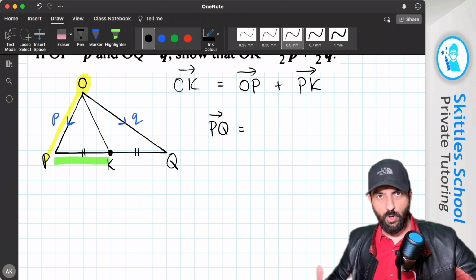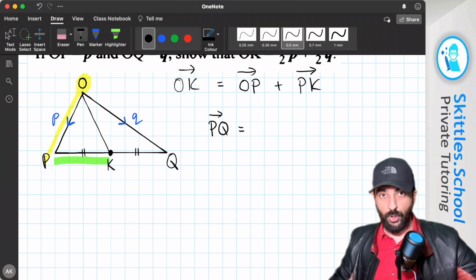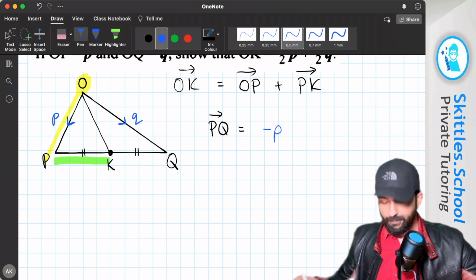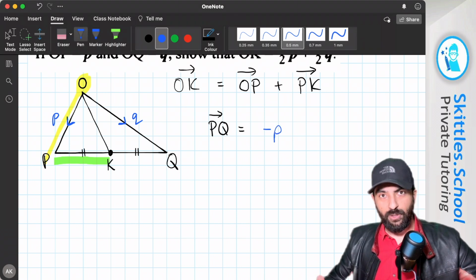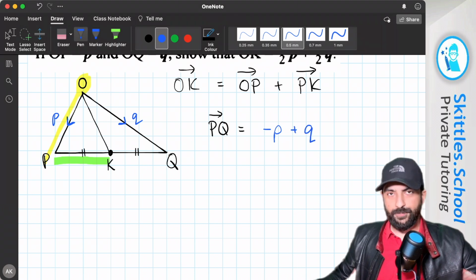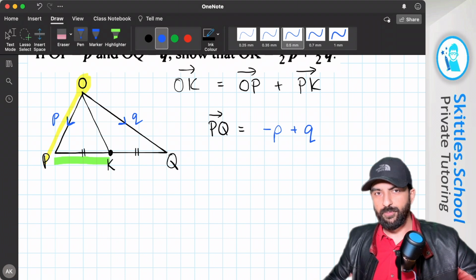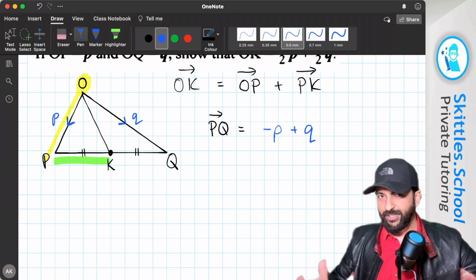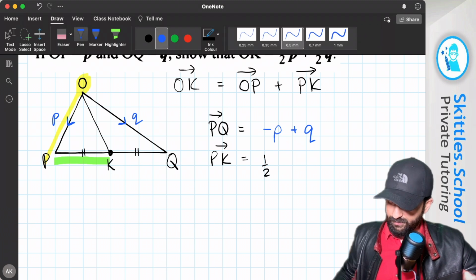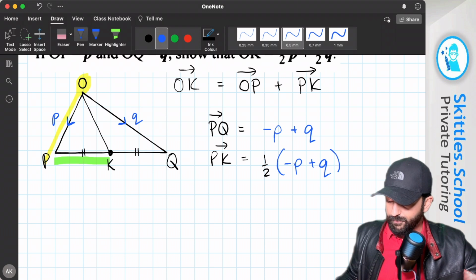Well, P to Q, we go backwards along O to P. So that's negative P. And then we go down O to Q. So that's positive Q. So that's P to Q. Now we know that K is halfway, so it's half of that. So P to K is half of that.